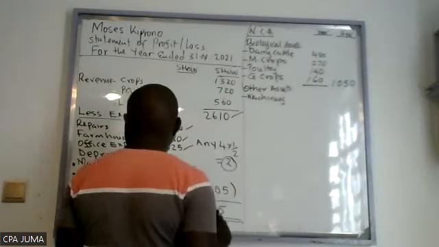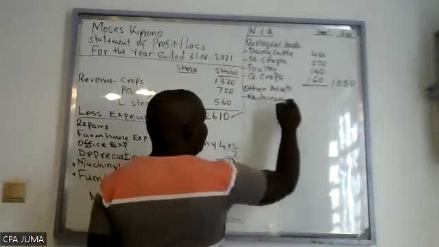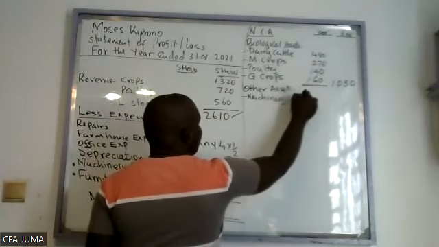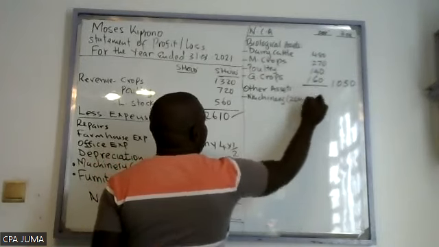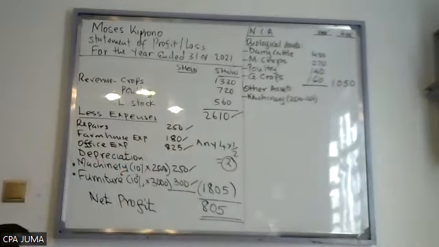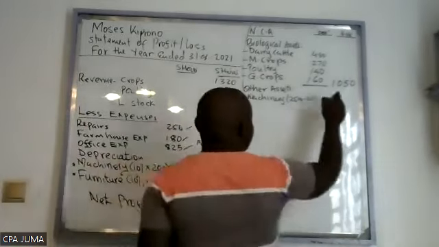Machinery will be 2,500 minus depreciation. So minus the 250, depreciation is 250. So 2,500 minus 250 is likely to be 2,250.